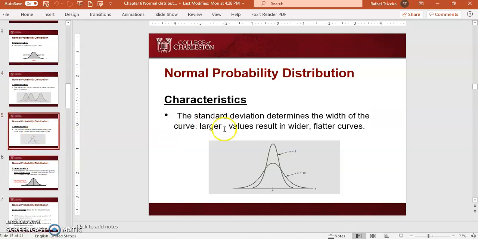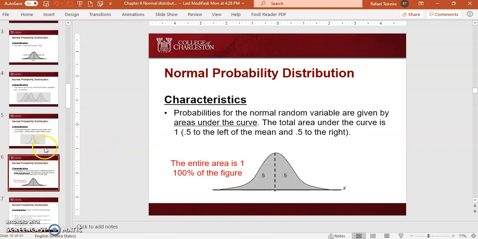Also, the standard deviation, how much the values vary around the mean, helps to determine the width of the curve. So a large standard deviation results in a wider distribution, like this one here. Or if you have low variability, which means low standard deviation, you have a thinner distribution.